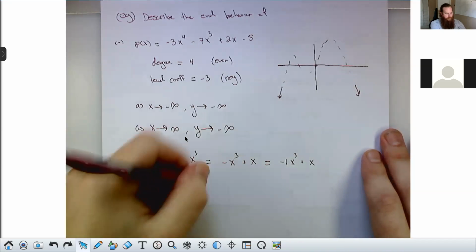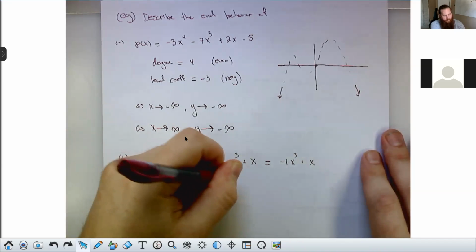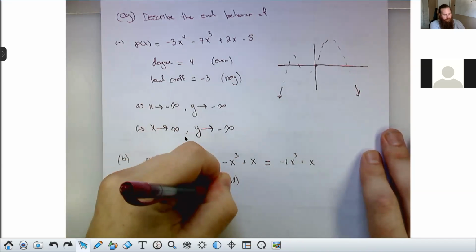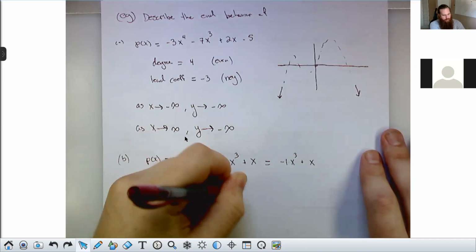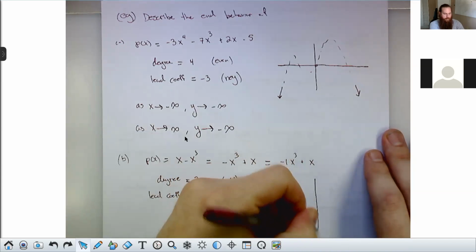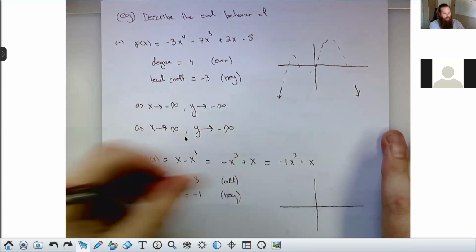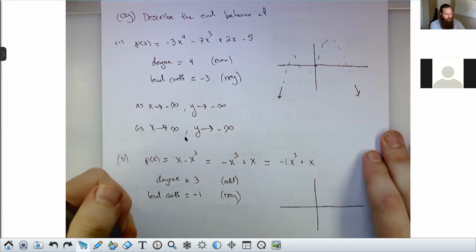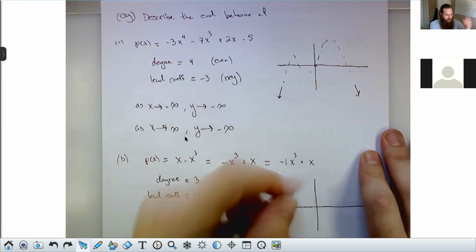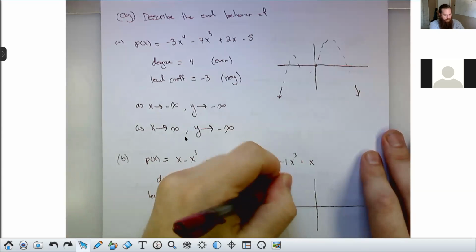So here the degree is odd. The lead coefficient is again negative. So the picture I would associate with this is the odd negative picture from the previous page, which looks like this.